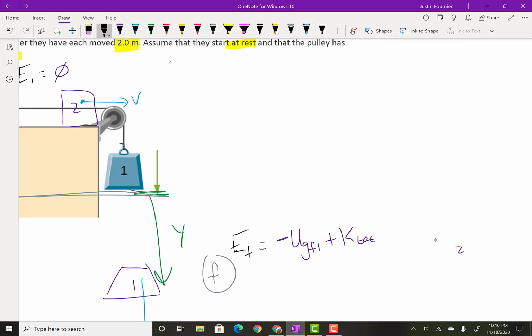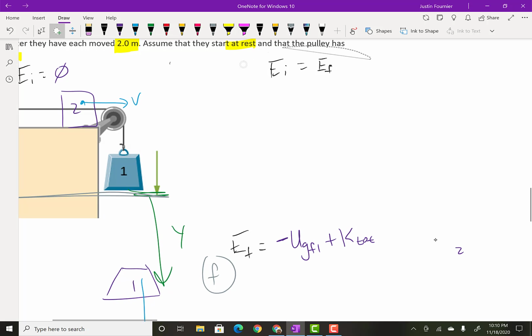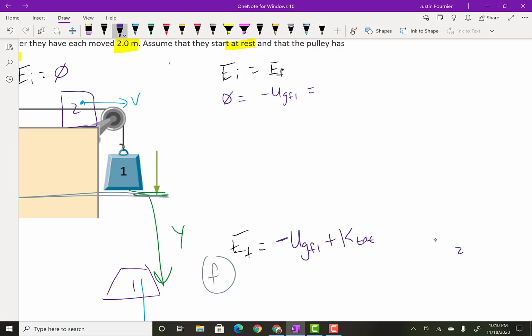So let's see what that looks like with the conservation of energy. My initial energy is equal to my final energy. I'm going to do it one more time. So it's going to be 0 equals my negative gravitational potential energy for object 1 plus my total kinetic energy.